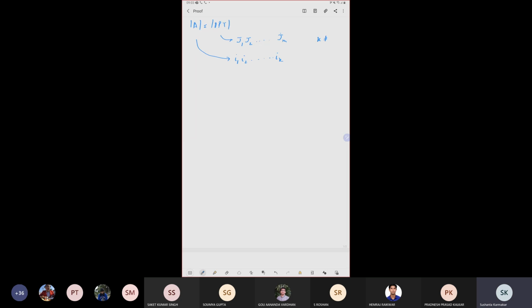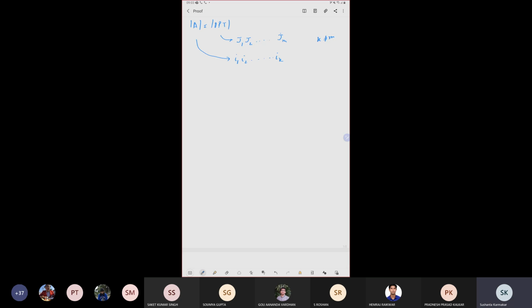K not equal to M for the time being, we assume. Because if we assume K equal to M, then it's done. There's nothing to prove. We are actually in the process to show that K equal to M. So now let us assume that they are not the same, that is K not equal to M.